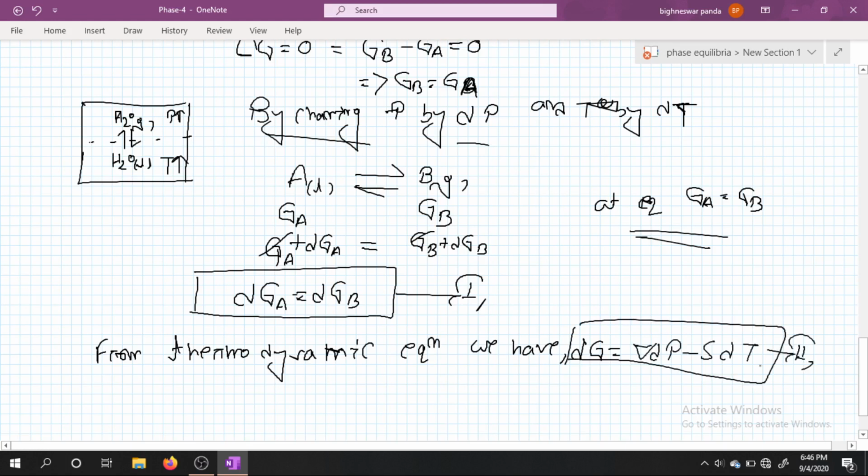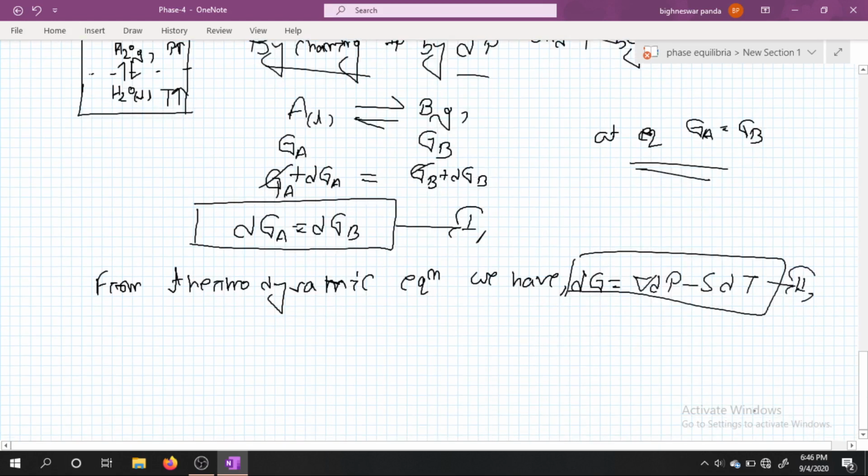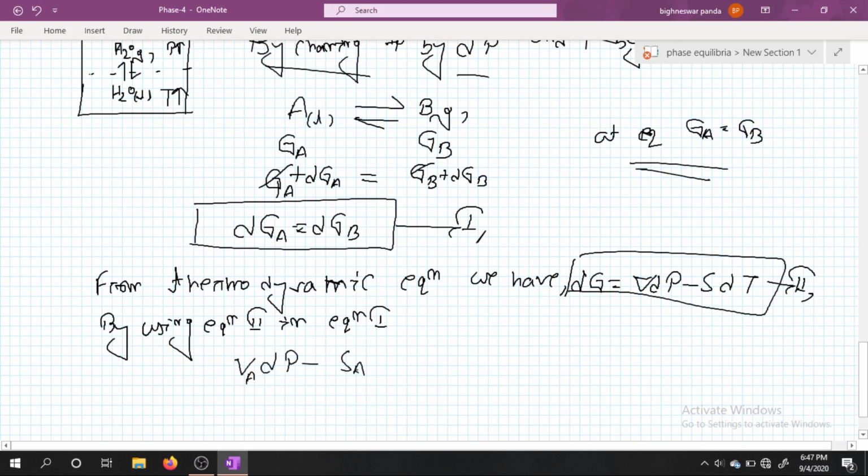From the thermodynamic equation, we have dG is equal to VdP minus S dT. So by using equation 2 in equation 1, in terms of dG, I can simply put VA dP minus SA dT will be equal to VB dP minus SB dT.